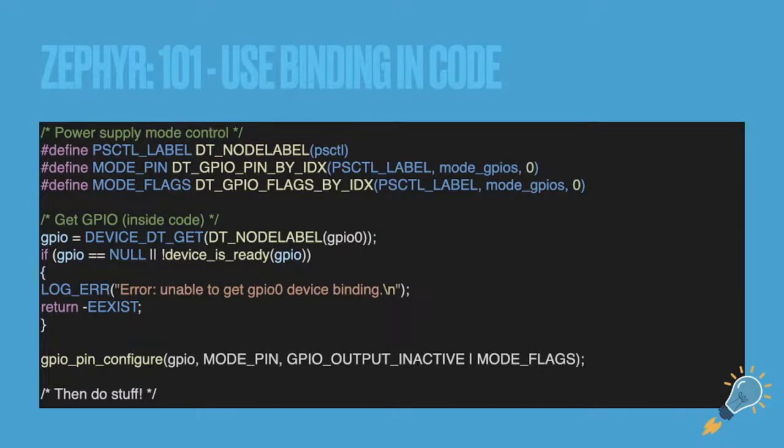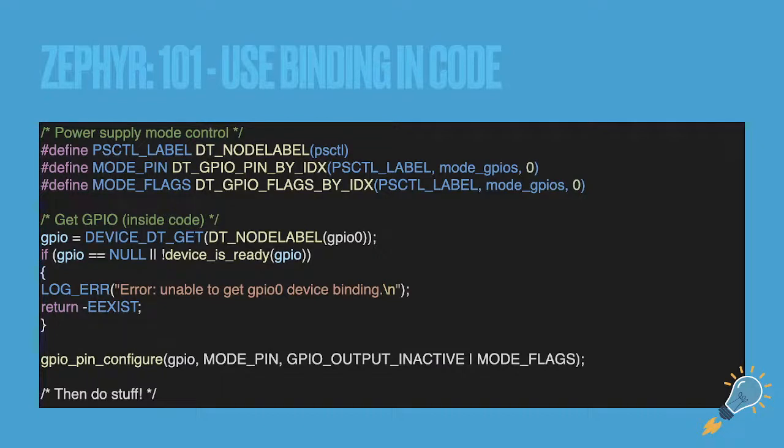But here's the usage. For many of you who've watched my videos in the past, you've seen this type of setup where you're pulling all that information from the overlay, and then you are actually getting it using DEVICE_DT_GET in your code. The lines underneath, get GPIO, live inside code in a function or whatever, and the rest of those macros will live outside your code.